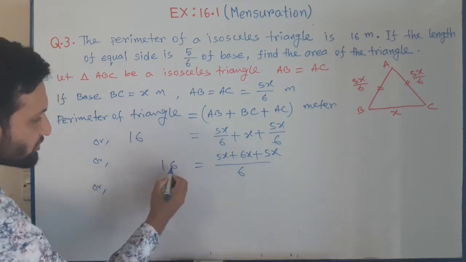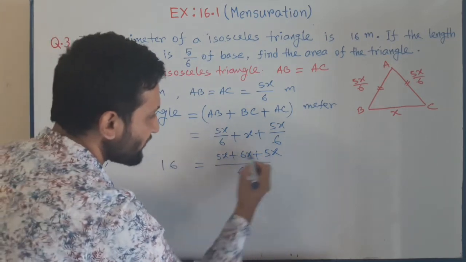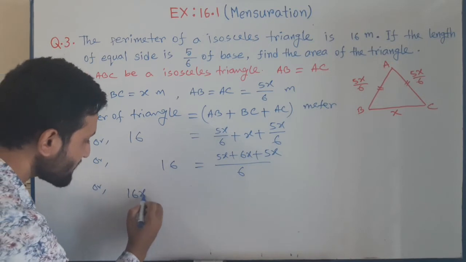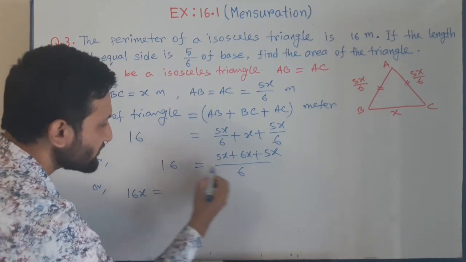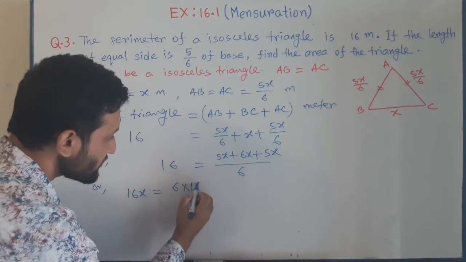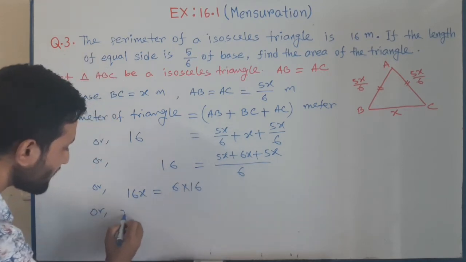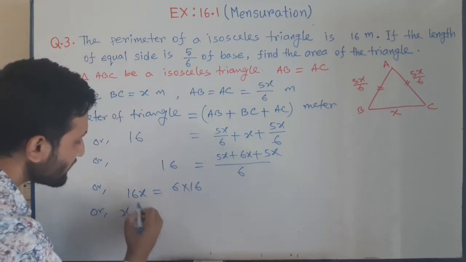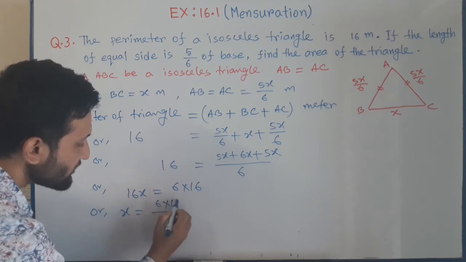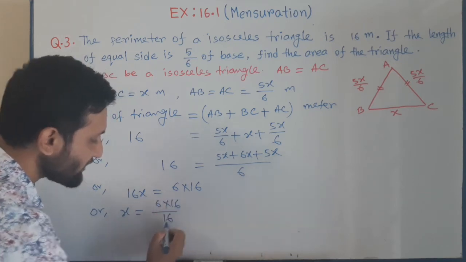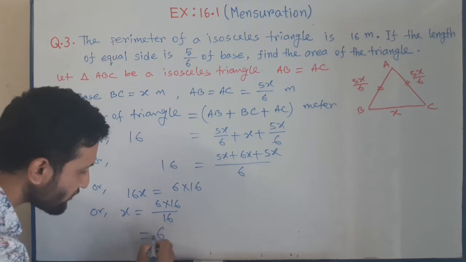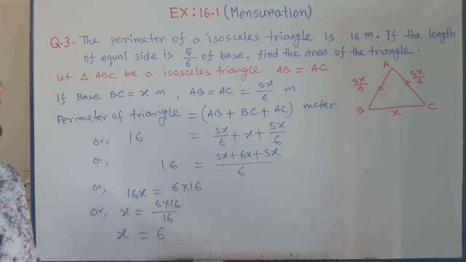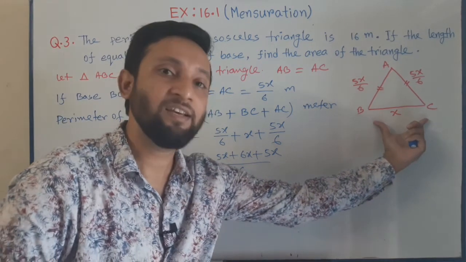That means 16x equals, by cross multiplication, 16 into 6. So x equals 6 into 16 divided by 16. 16 and 16 cancel, so the value of x equals 6. That means the base of this isosceles triangle is 6 meter.